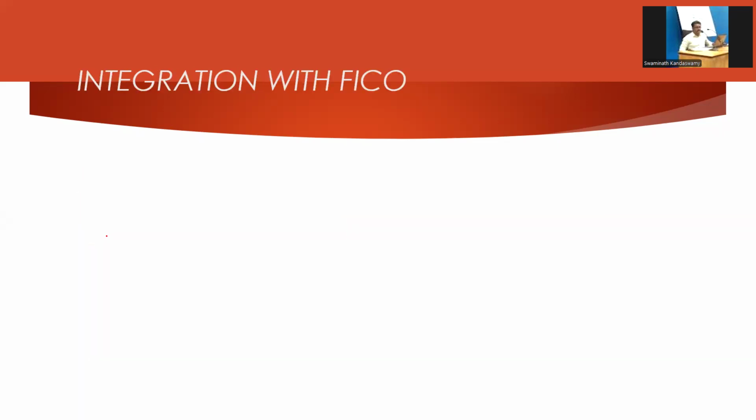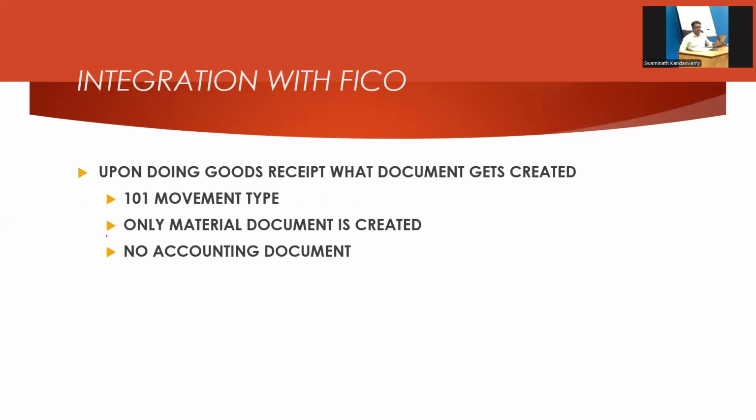And finally, integration with FICO. Definitely they may ask you this interview question on integration with FICO. I'll show you in the SAP system itself. Upon doing goods receipt, what document gets created? With 101 movement type, only a material document is created, no accounting document is created.